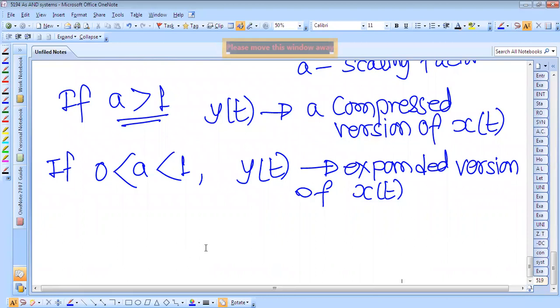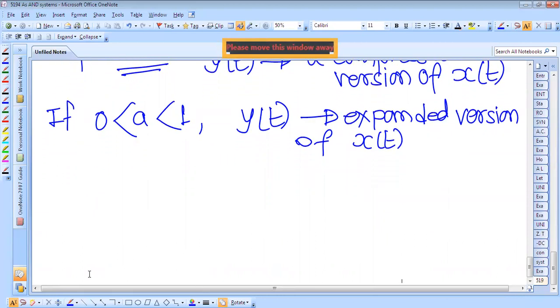So these two operations, the compressed version as well as the expanded version, we will discuss now.